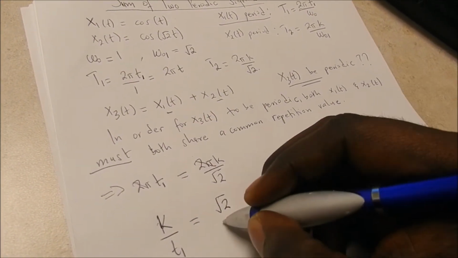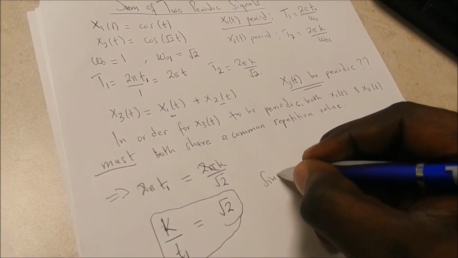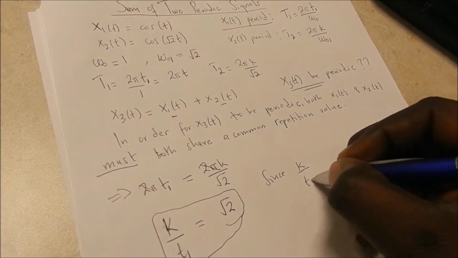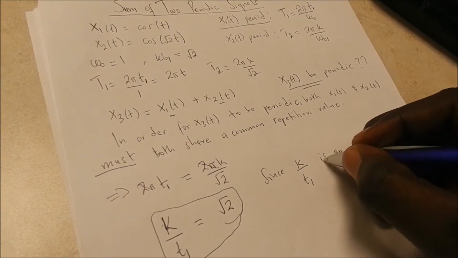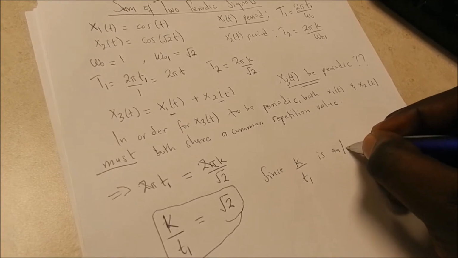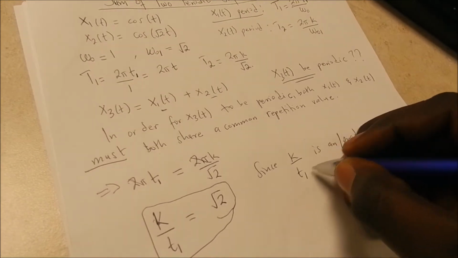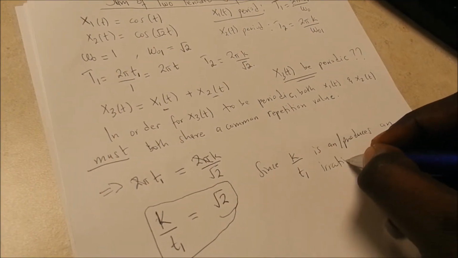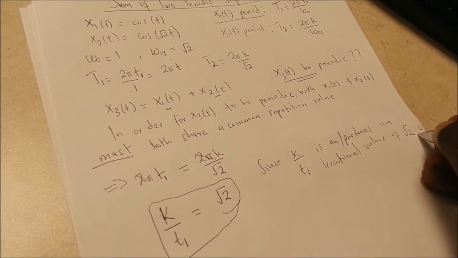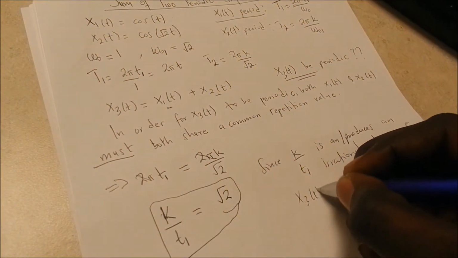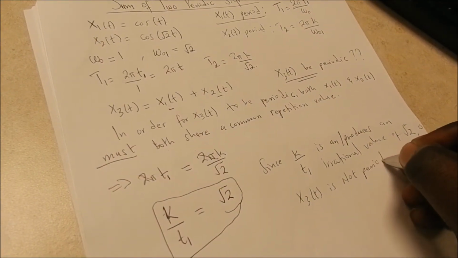Again, since k over T1 produces an irrational value of square root of 2, x3 of t is not periodic.